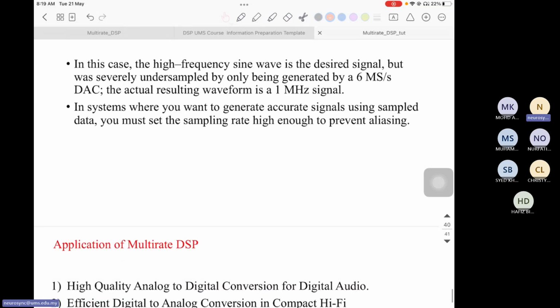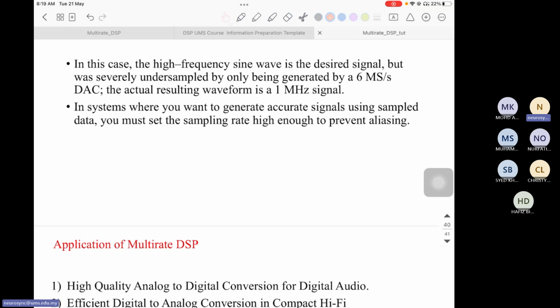Now, in a system where I want to generate an accurate signal using sample data, we must set the sampling rate high enough to prevent aliasing. This is very important in sampling a signal. So these two theorems are important.